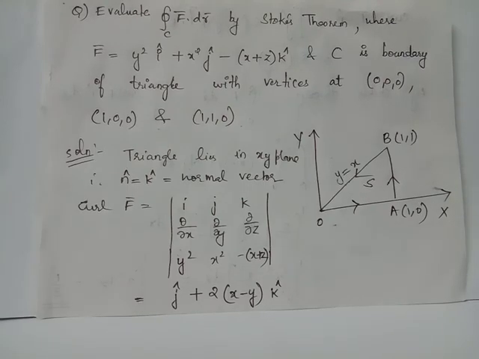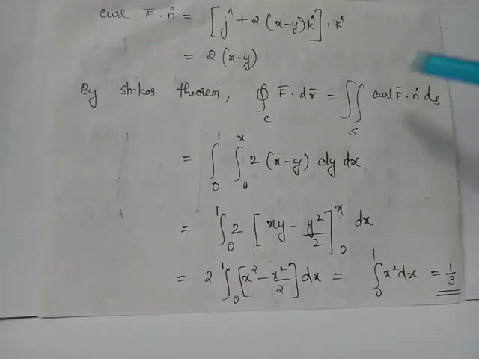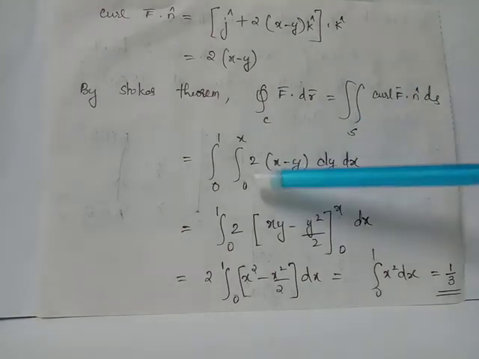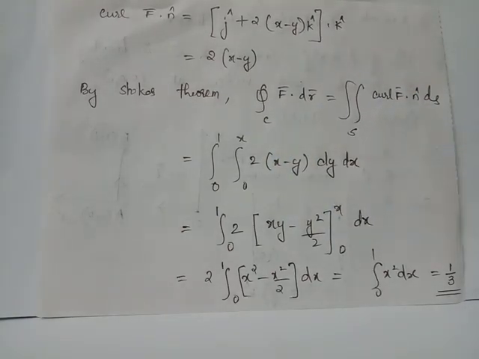At that point x equals 1. Therefore, the range of variation of x will be from 0 to 1. Thus this double integral can be evaluated with y varying from 0 to x, and then x varying from 0 to 1.